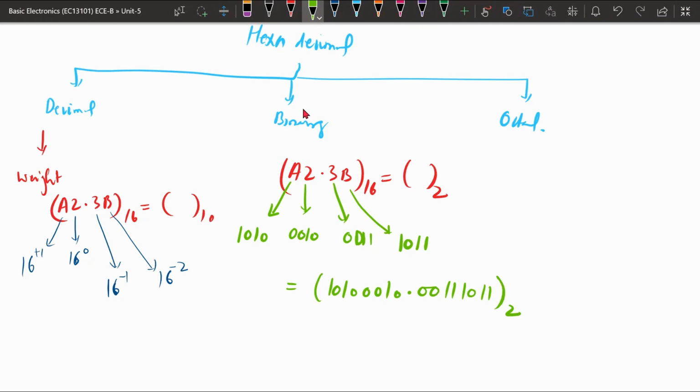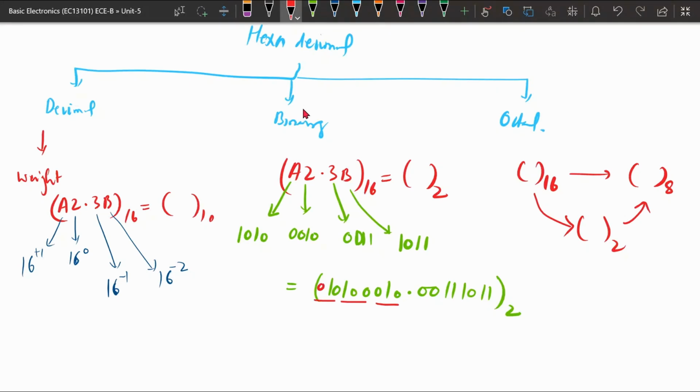So once we know the equivalent binary, we need to convert it into octal. To convert it into octal, we proceed by converting to binary and then proceeding to octal. We have already converted it into binary, so we will make groups of 3. If an extra 0 is required, we will pad to make the group.